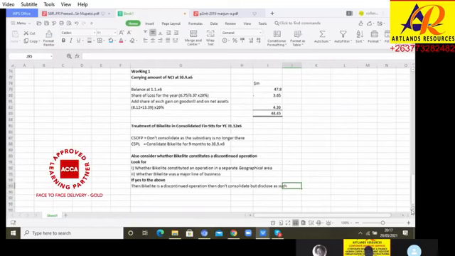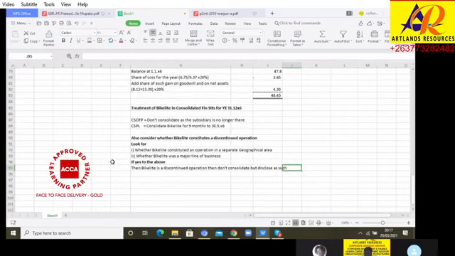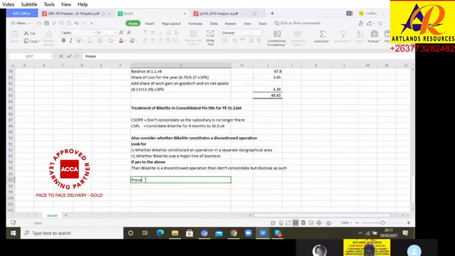Now, when I'm saying you disclose it as a discontinued operation, here is how you present the results of a discontinued operation. This is not part of the answer now because I'm teaching.